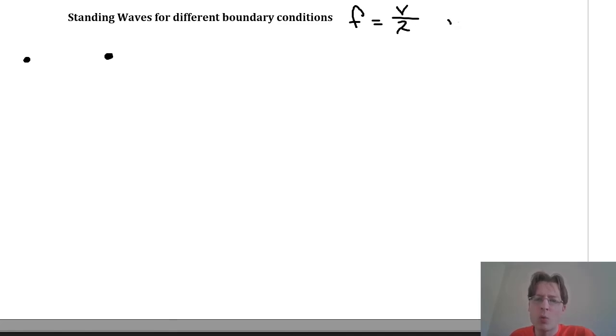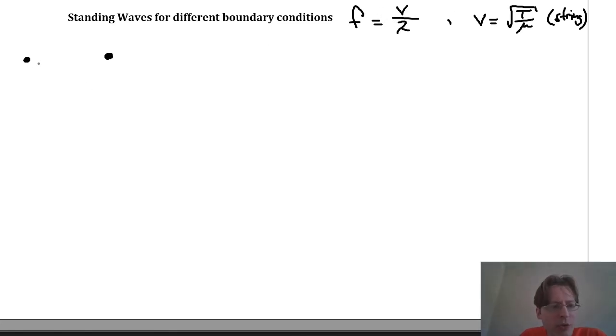Also remember that for waves on a string, we can predict the speed of the waves if we know the tension and the mass of the string. That's only true for transverse waves on a string. If you're talking about sound waves, you have to plug in the speed of sound. Okay, so if we have a string which is fixed at both ends, let's look at what kind of standing waves we could have on there.